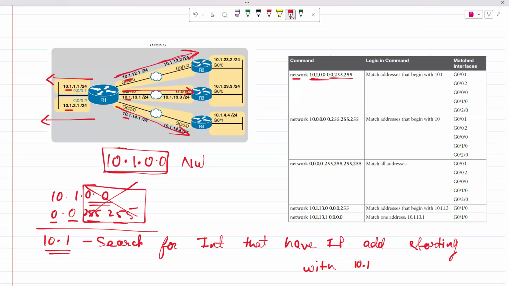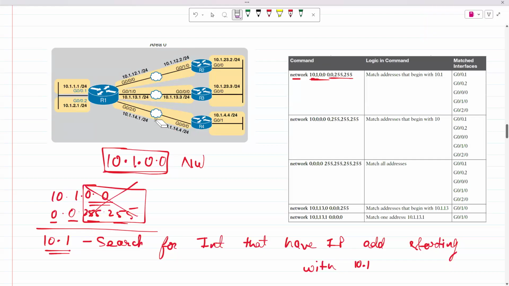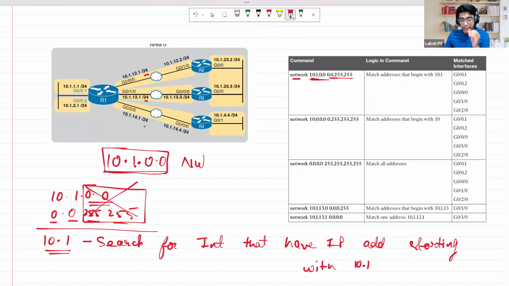So will two interfaces have the same network? You can see here, 10.1.2, this mask is /24, that's why. As I said, it is not at all considering the address mask.